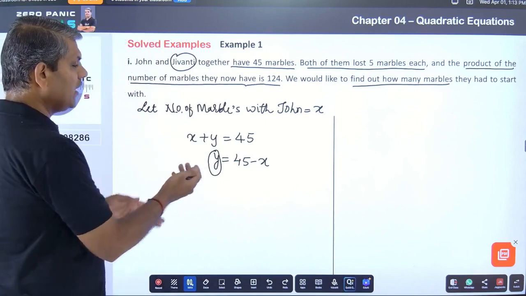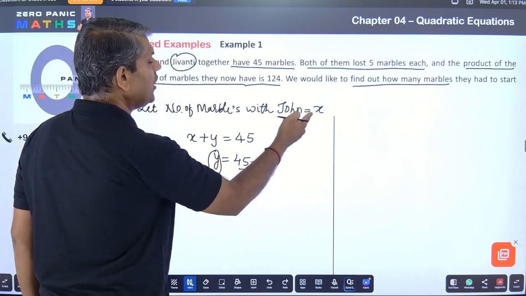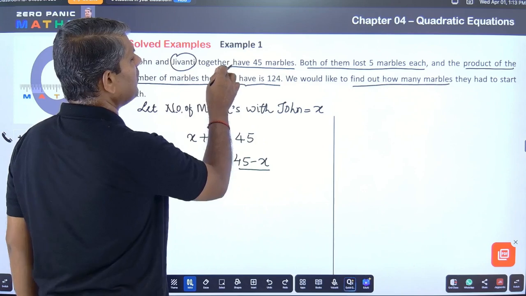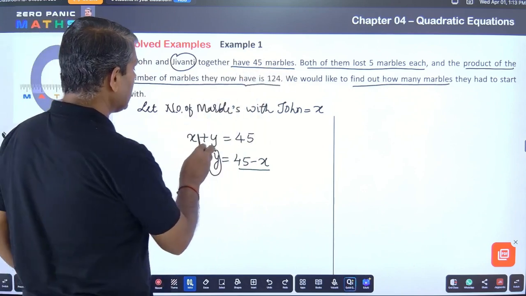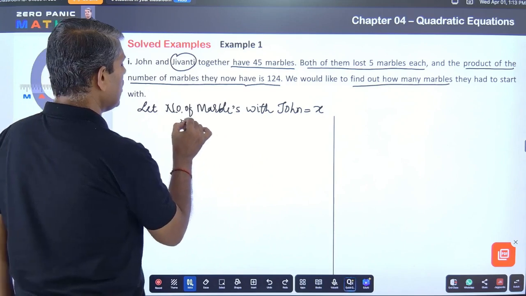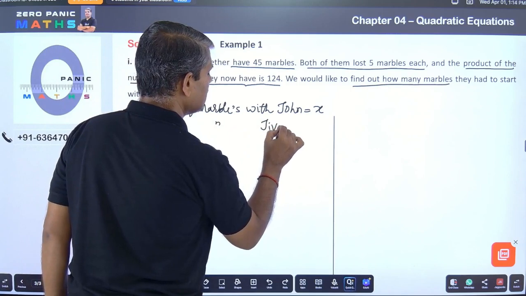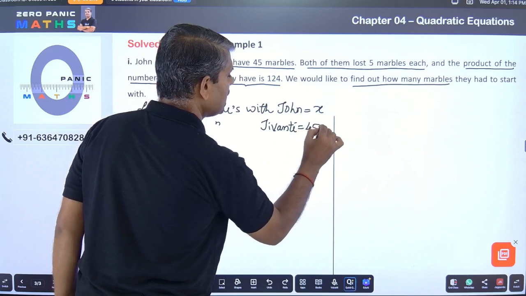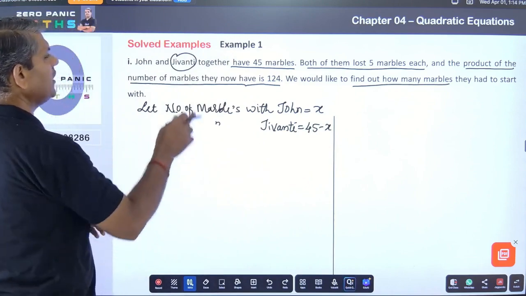So instead of saying y, we can directly say if John had x marbles, then Jivanti will have 45 minus x marbles according to this statement. You understood this clearly? Now let us write that only. Instead of writing y, I can say x with John, 45 minus x with Jivanti.